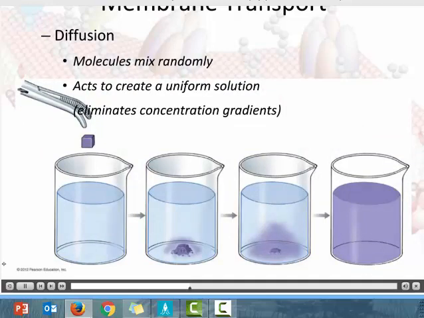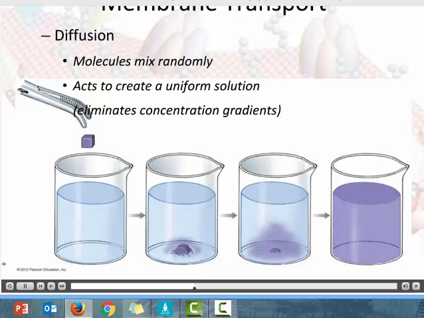The general goal of diffusion is to eliminate concentration gradients. So, when a membrane is involved, our solutes move down their concentration gradient from a high concentration to a low concentration. When a membrane is involved, we have several factors that affect diffusion.